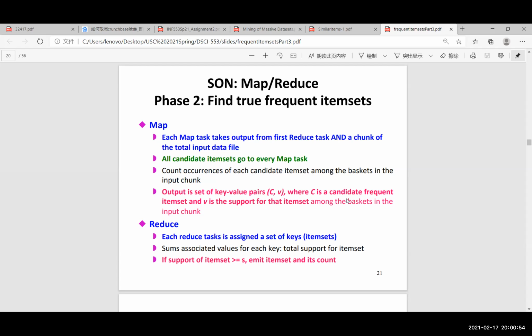So that's how it removes false positives. Oh, okay, I calculate again. Got it. Thank you very much. Just for the first step, it removes the false negatives, and for the second step, it removes the false positives. Right. Thanks.